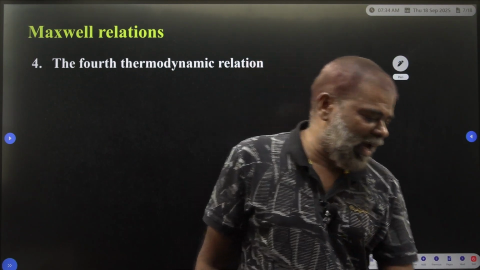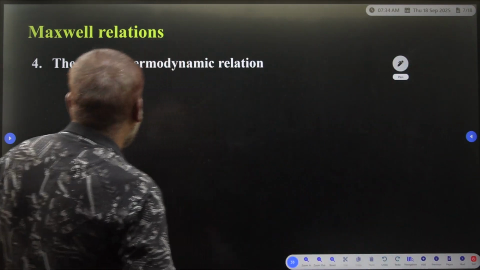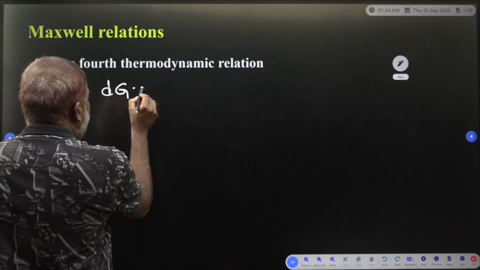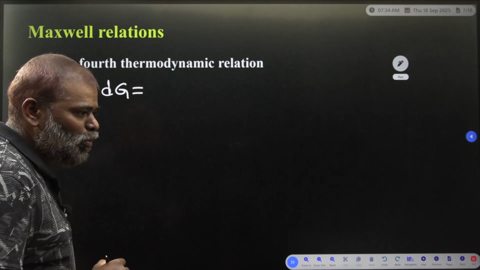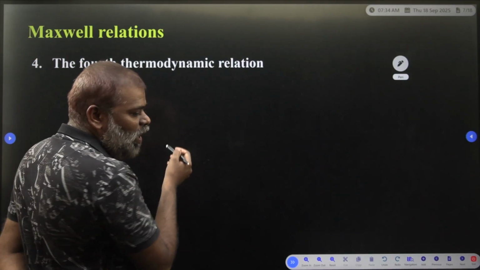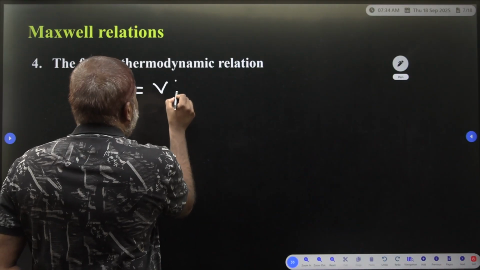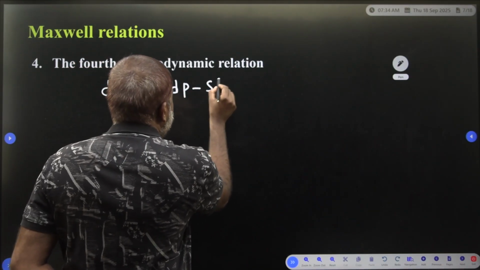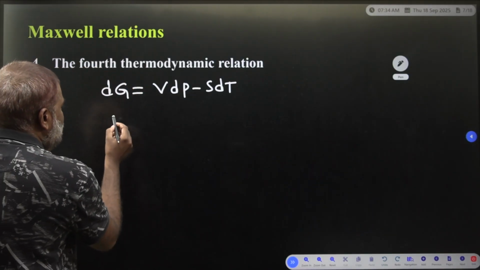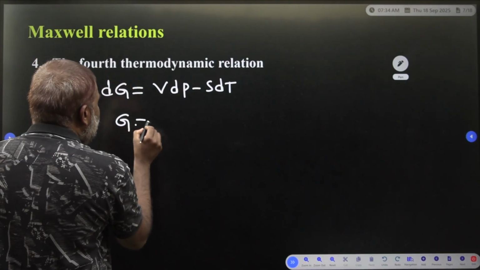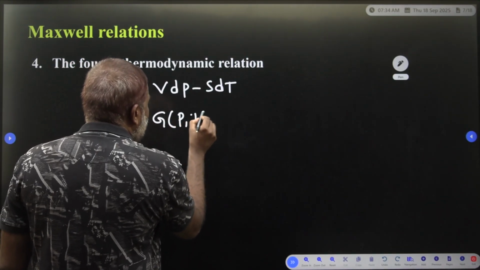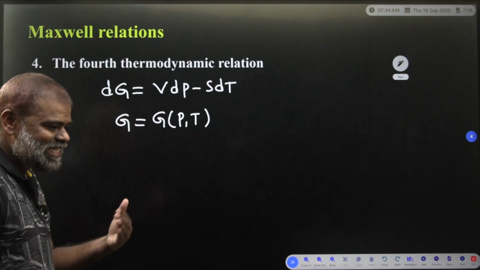What is the fourth Maxwell relation? According to the Gibbs free energy, which we also call a thermodynamical potential, dG is equal to VdP minus SdT. Therefore G is a function of pressure and temperature.